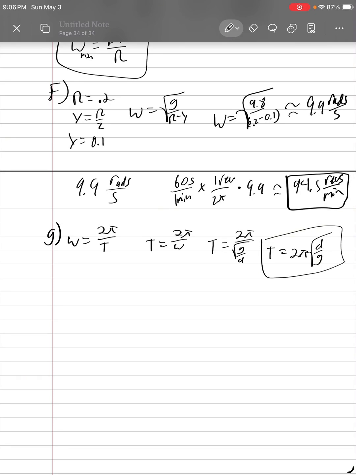And now for part H, we're just going to have Fc. Fc is equal to mv squared over r to start it off. And so we know v squared is the same as omega squared times r squared, as we saw earlier. So we're just going to have Fc is equal to m omega squared r squared over r, which can be boiled down to, once we cancel out these r's, m omega squared r.